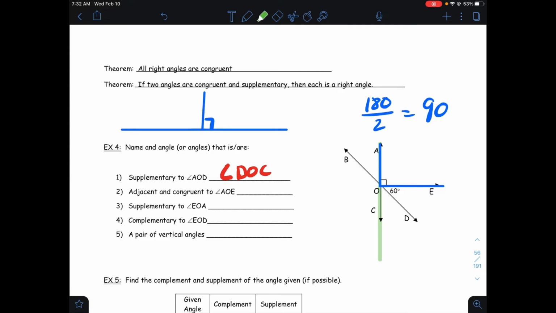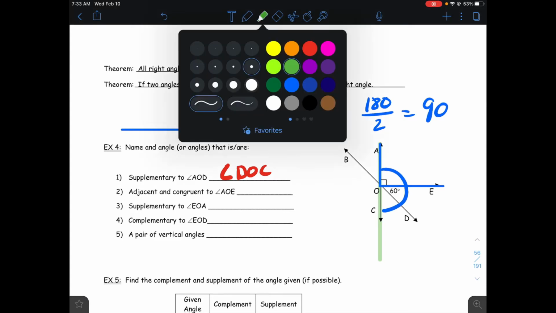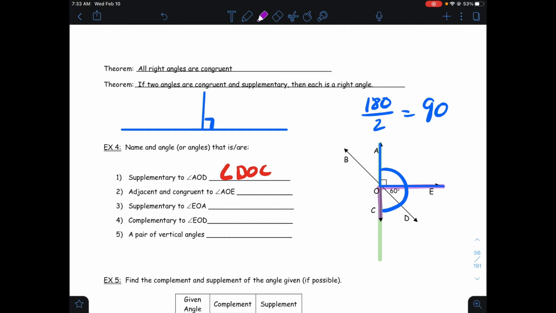So that means that the other angle that makes up this 180 has to be 90 degrees. So we could say EOC. EOC has to be 90 degrees. So that means that it is adjacent next to that AOE and congruent because they're both 90. So we could say angle EOC.